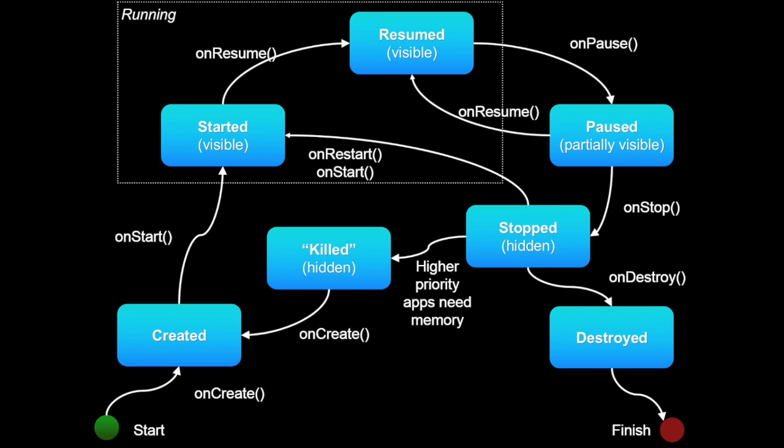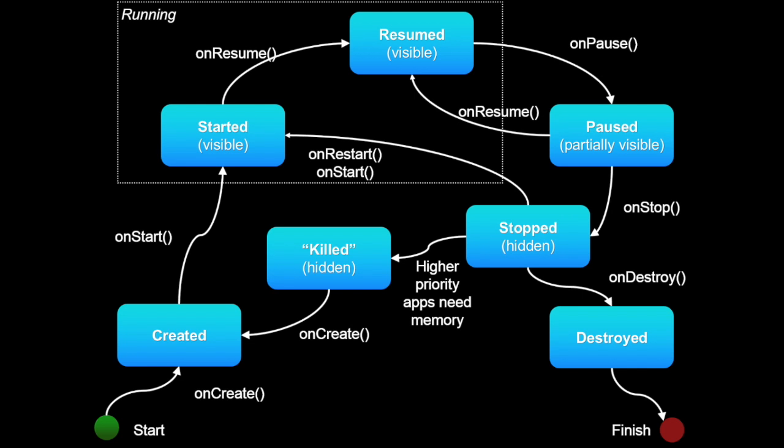So if you want to do anything between two states, you would put your code into the method that gets called when that transition occurs.